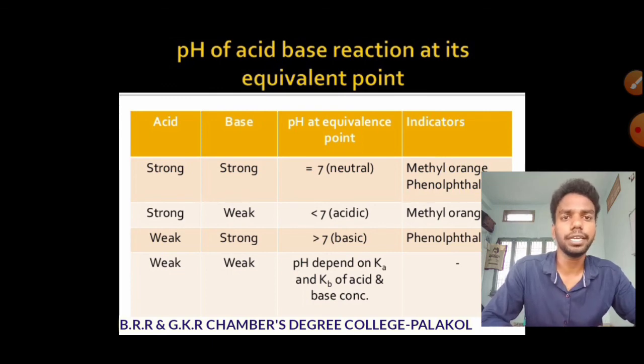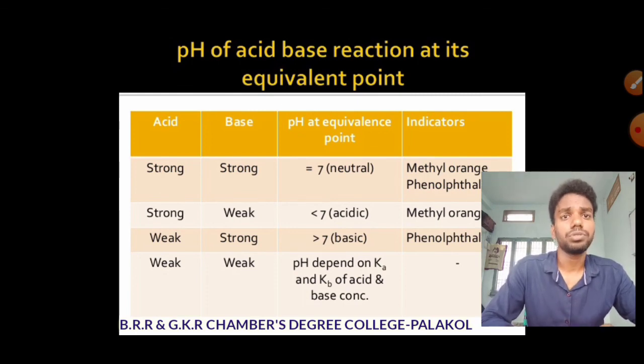In acidic medium we get the end point for this particular titration, strong acid versus weak base. So you use an acidic indicator, one with a pH range less than 7, that is methyl orange and methyl red. These two indicators are suitable for this particular titration, strong acid versus weak base.